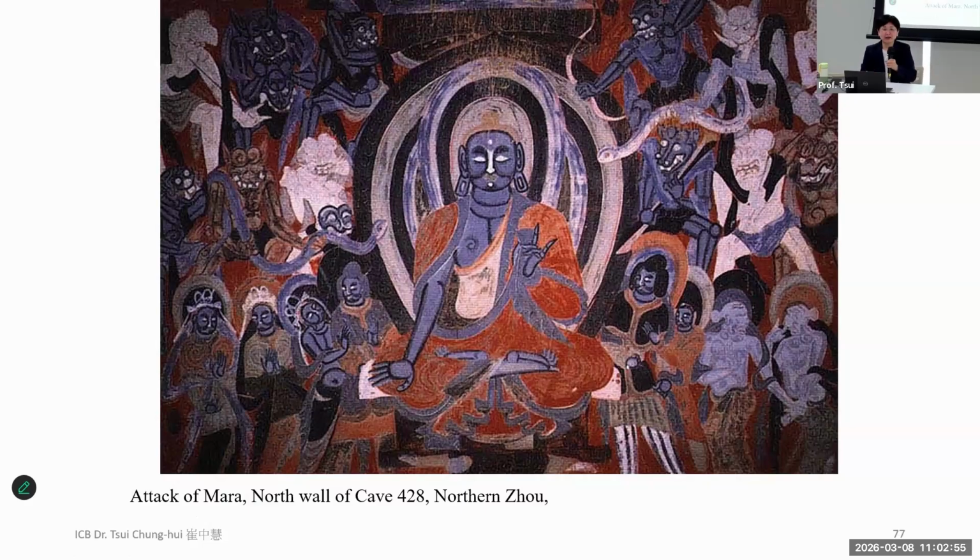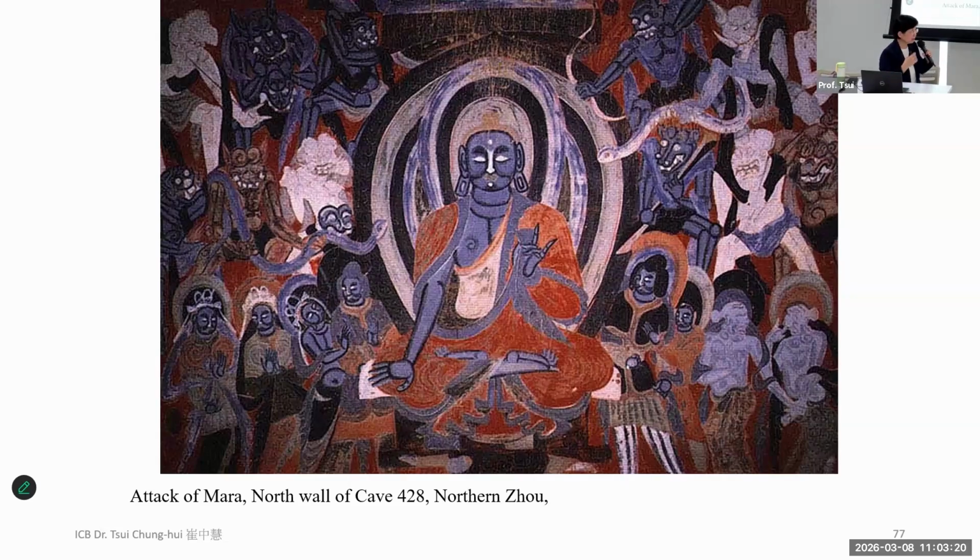Attack of Mara. The final moment, when Siddhartha Gautama attained enlightenment. He conquered all the attacks by the enemies. You can see the design of the enemy, the devils. They are holding different weapons to attack Siddhartha Gautama.